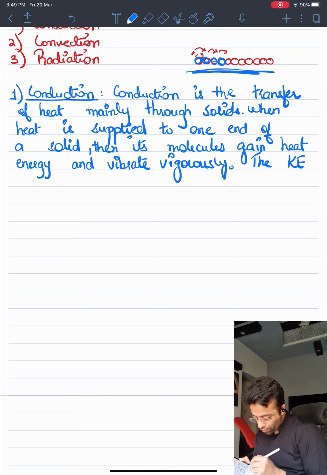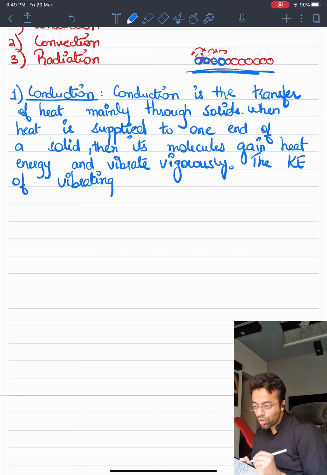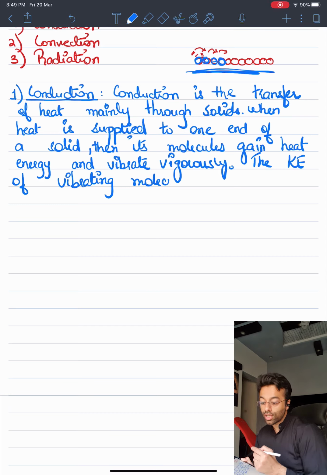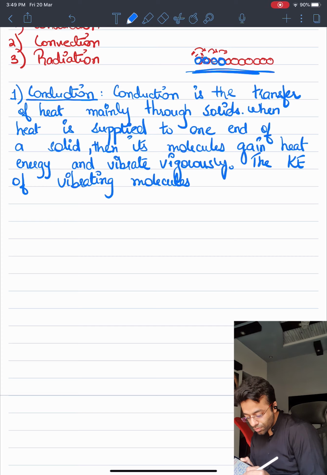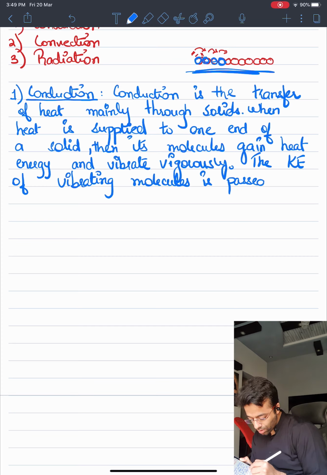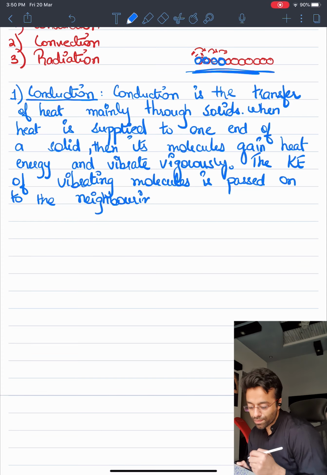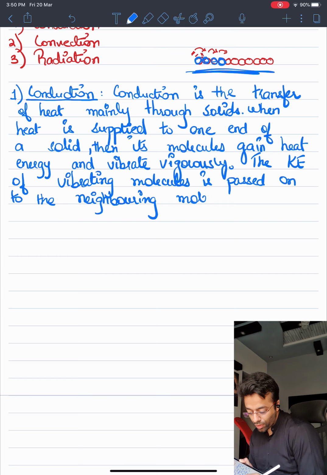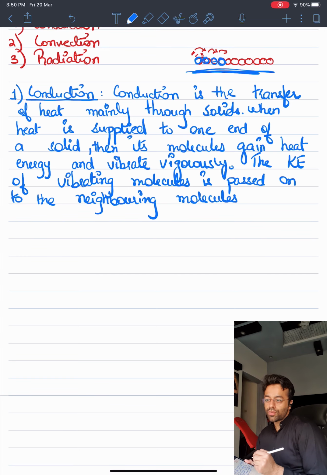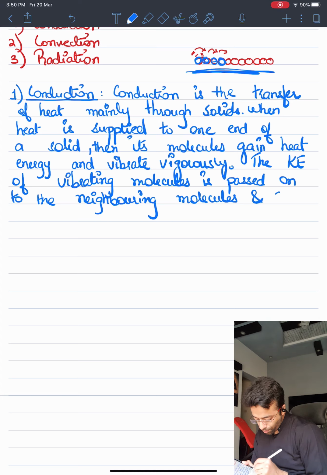The kinetic energy of vibrating molecules is passed on to the neighboring molecules, and so on. In this way, heat is transferred throughout.